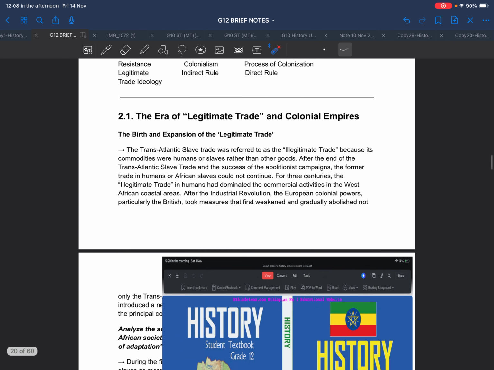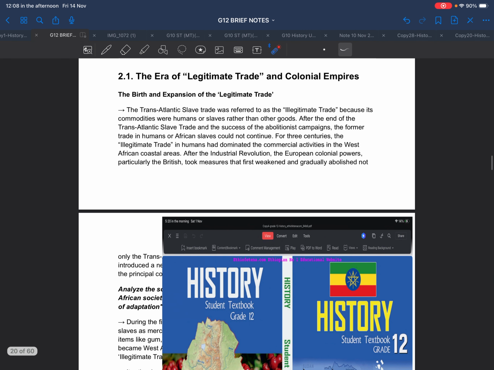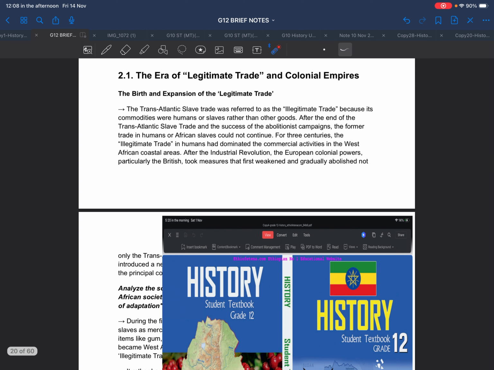Let's start. 2.1. The era of legitimate trade and colonial empires. The birth and expansion of the legitimate trade.